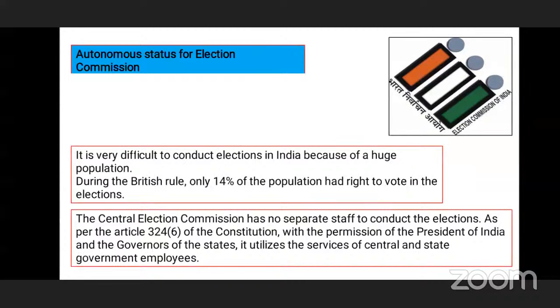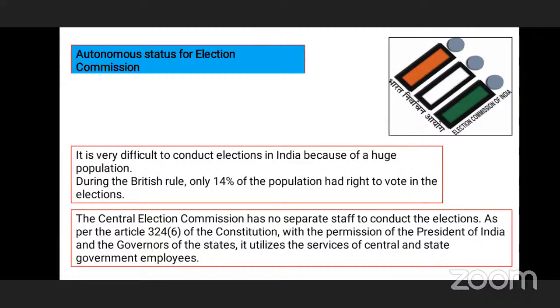Who were the 14% voters in the British period? They were only the educated, who were capable of paying taxes, the taxpayers. Only educated people were allowed the right to vote in India.